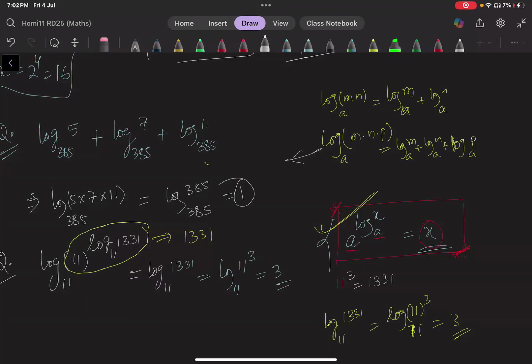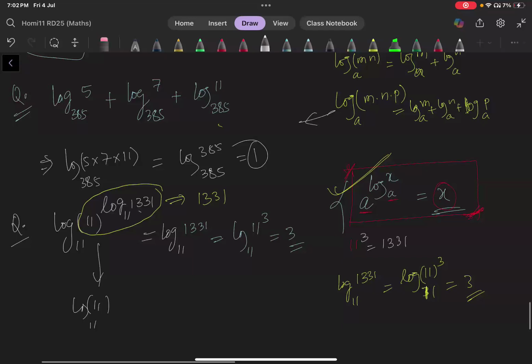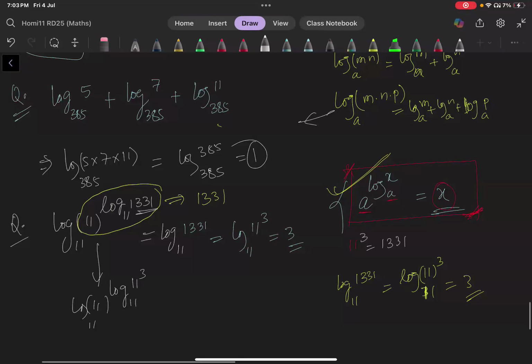What Ayan is saying is that instead of doing this, sir, what we can do is log 1331 to the base 11, and this 1331 here we can write as 11 cube. So we can write 11 cube to the base 11, right? And now we can take this 3 outside of this log.